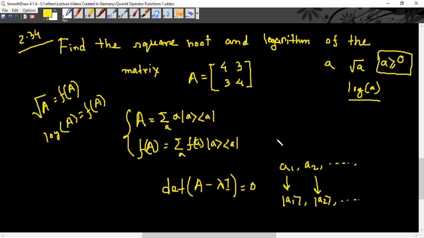So now we will be calculating these coefficients, and use these coefficients to expand this expression. So these are our functions, and just following the same procedure that we used in the example that is given in the book, we can calculate the square root and the logarithm.